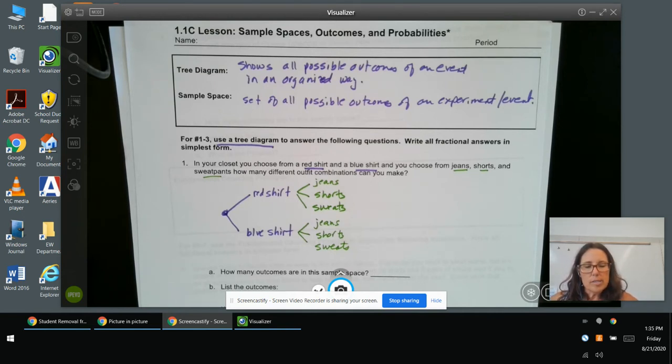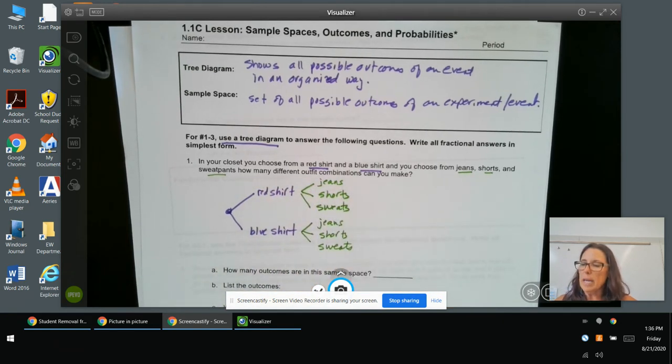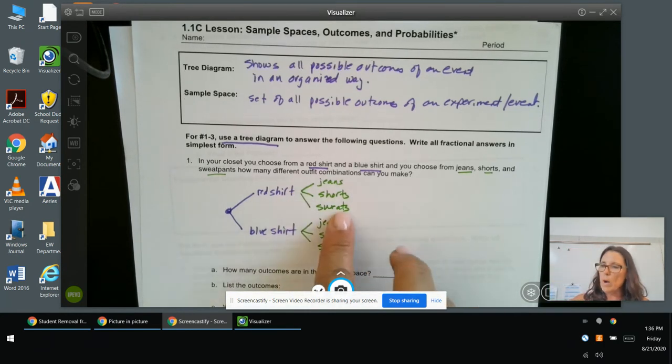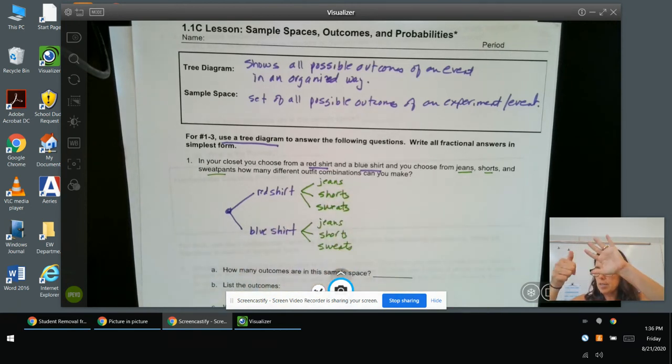Okay, so it says use a tree diagram to find out how many different outfit combinations you can make. Do you see that there's a red shirt jeans, that's 1, a red shirt shorts, that's 2, a red shirt sweats, that's 3, blue shirt jeans, 4, blue shirt shorts, 5, blue shirt sweats, 6.